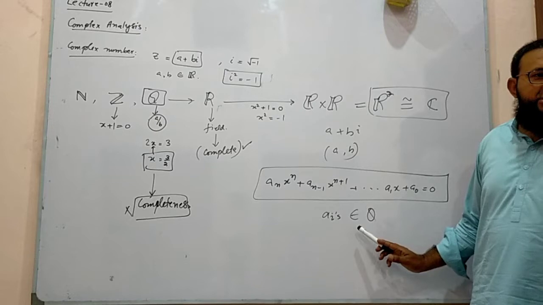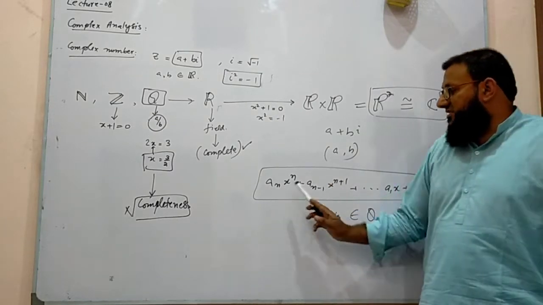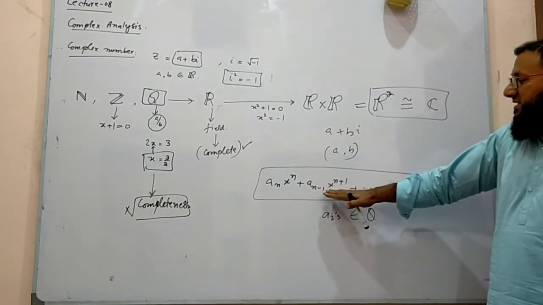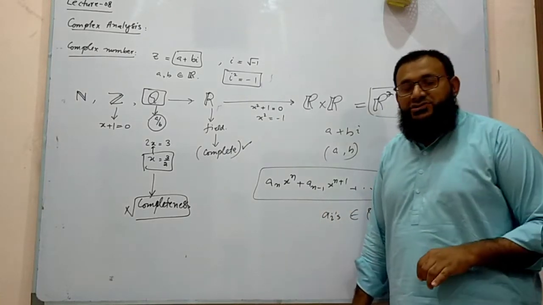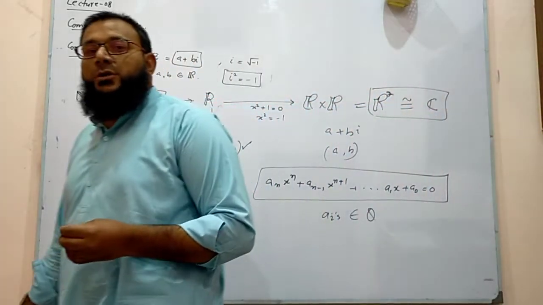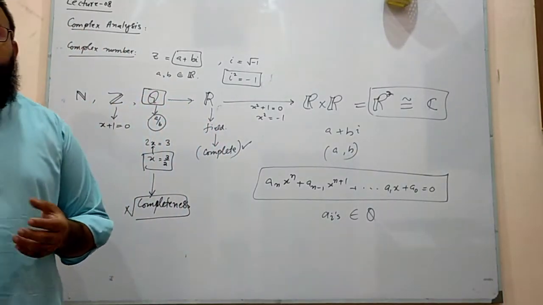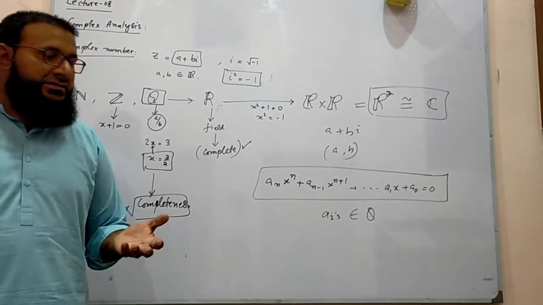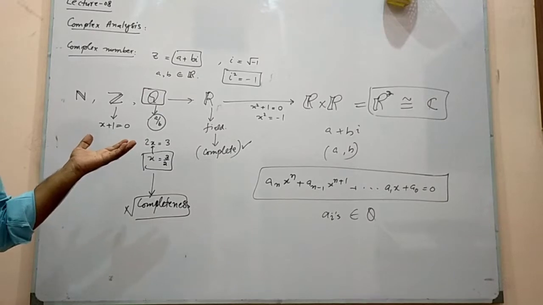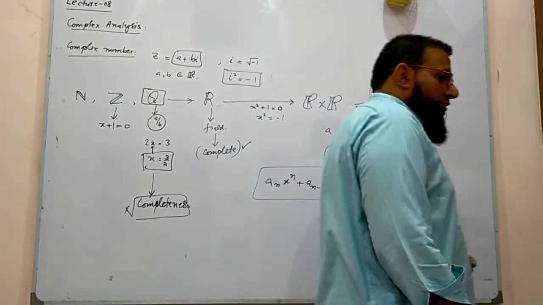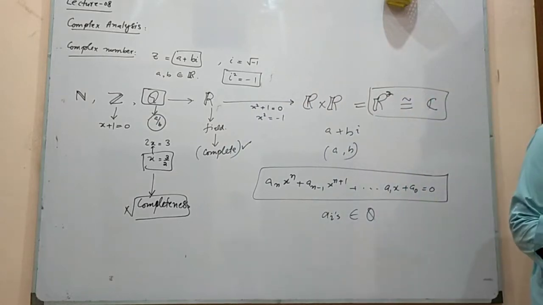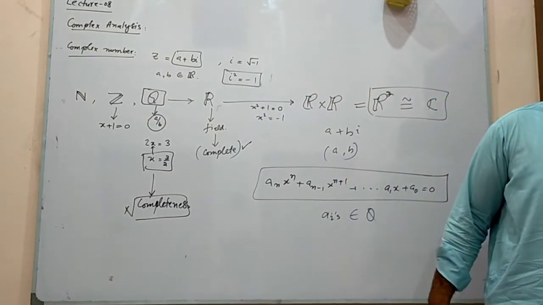You can claim the coefficients to be real, but let us assume they are rational. Then you can solve each and every equation of this type in the set of complex numbers. So we say that the set of complex numbers is algebraically complete, but the set of real numbers is not algebraically complete.